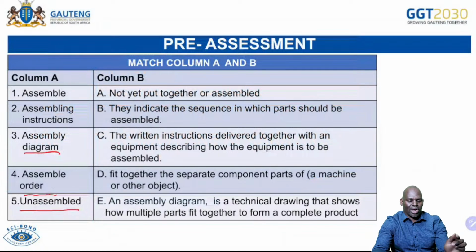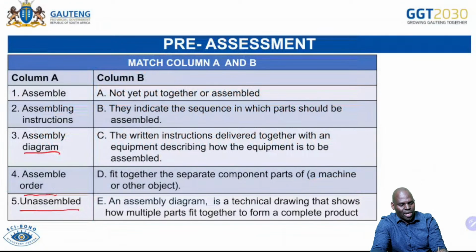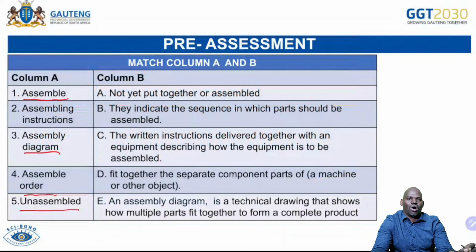You just need to check which explanation matches the terminology under column A. For instance, let us look at the first one, assemble. Now let us look at the possible explanations. A: not yet put together or assembled. B: they indicate the sequence in which parts should be assembled.